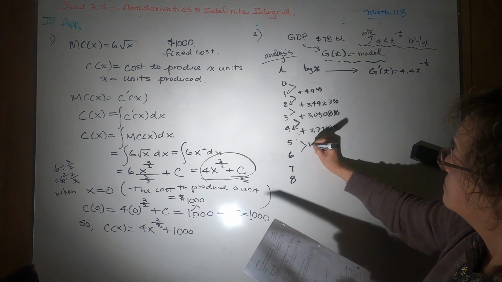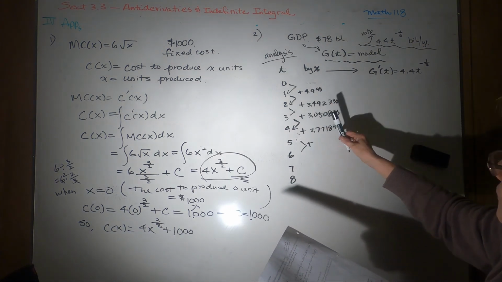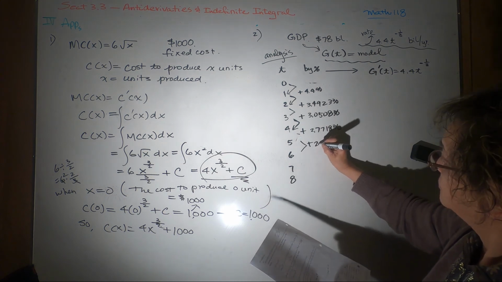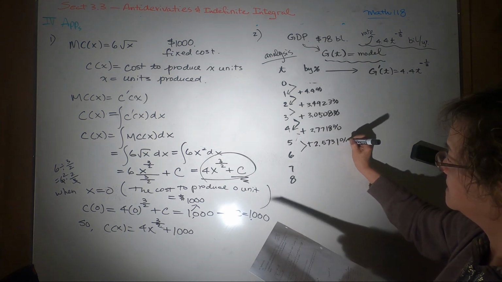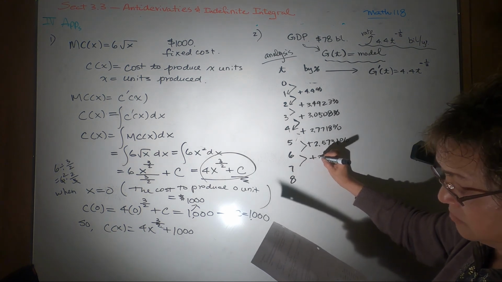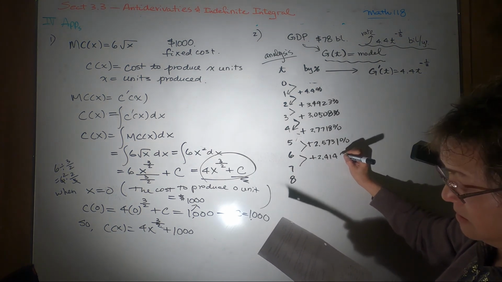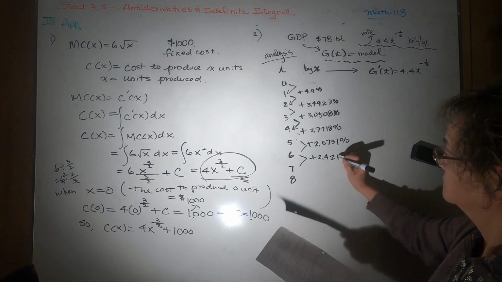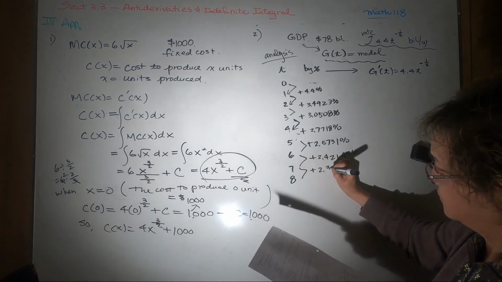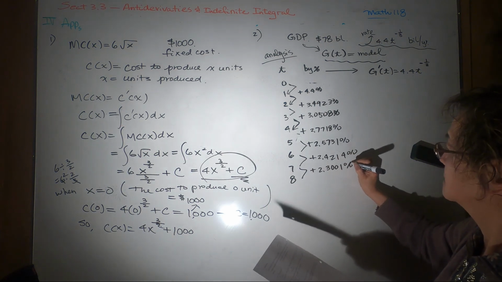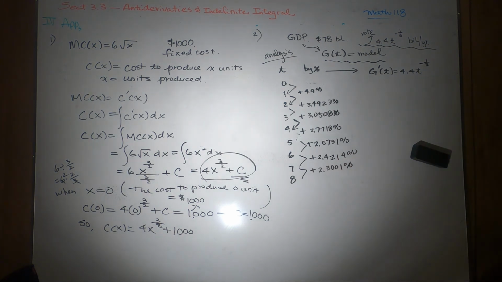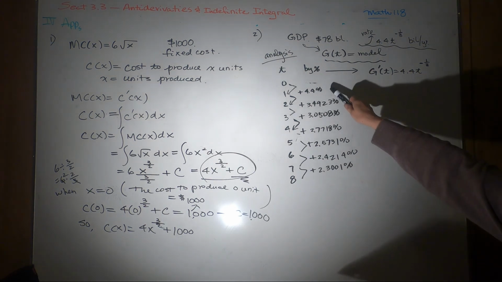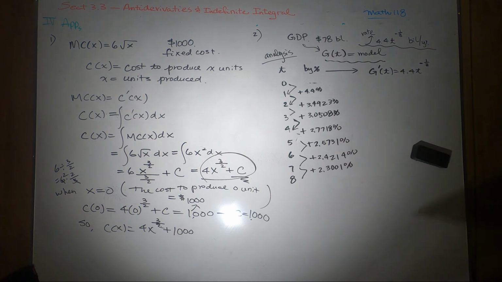Next one will be 2.5731% plus 2.414 plus 2.3001%. Okay, so the GDP growth is gradually adding some numbers. Okay, so that's the analysis.